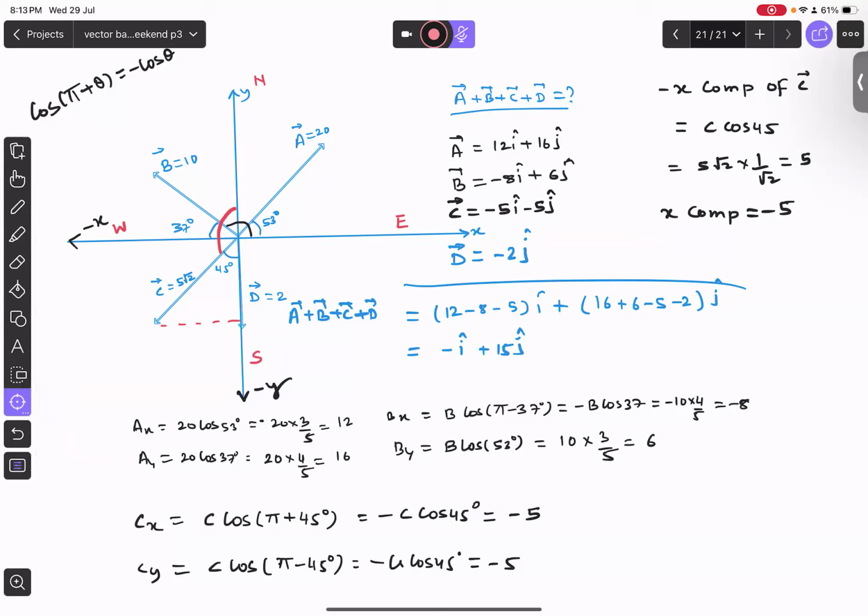Now, just think of vector D, don't think of anyone else. If I do vector D, maybe I travel 2 kilometers along the southern direction. So how much have I traveled along east? 0. How much along west? 0. How much along north? Minus 2 kilometers.